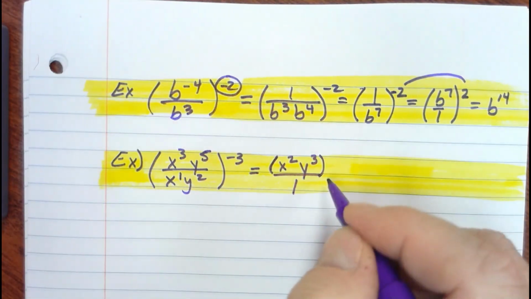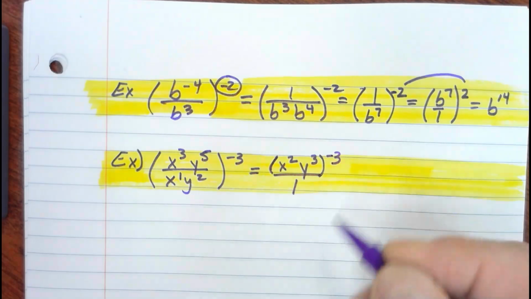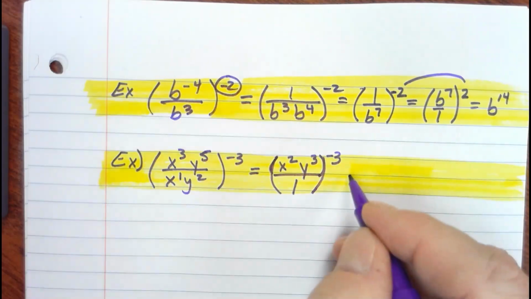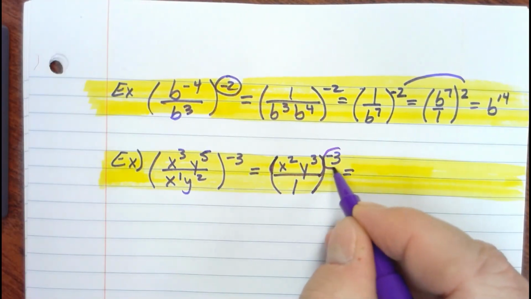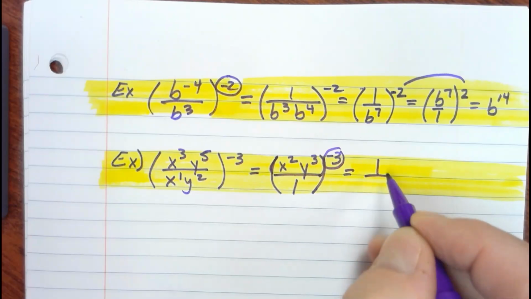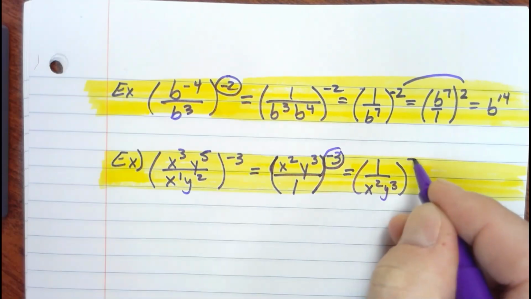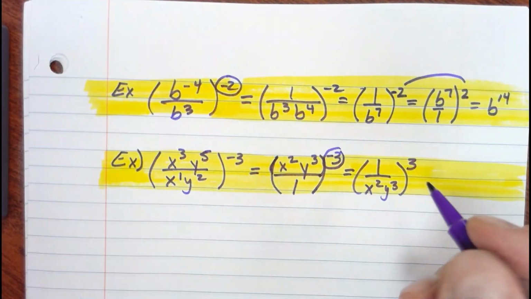That is over 1 raised to the negative 3 power. If I want to make this exponent positive, I've got to flip the fraction on the inside and turn that to a positive.